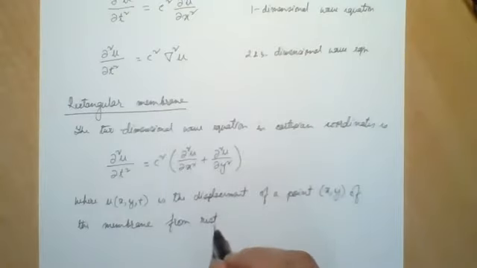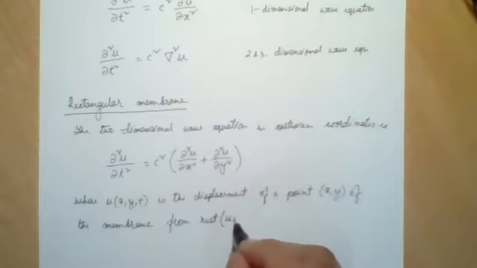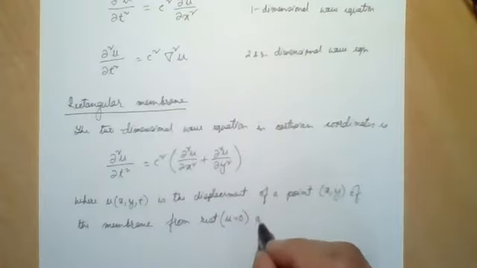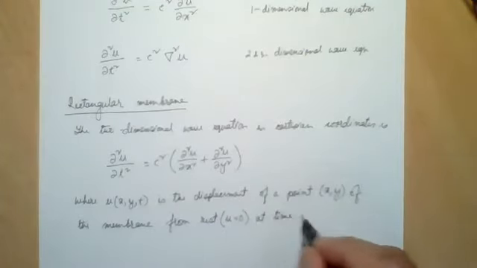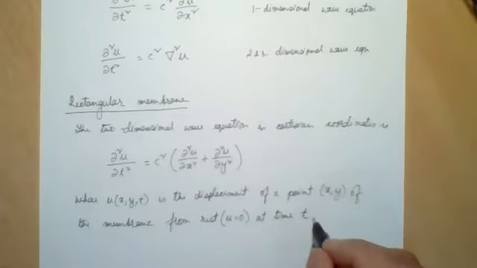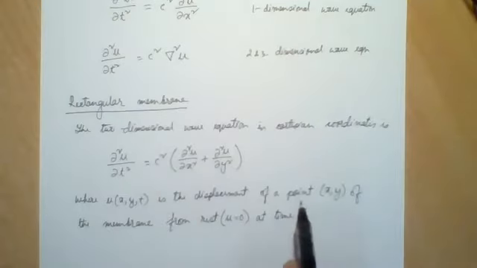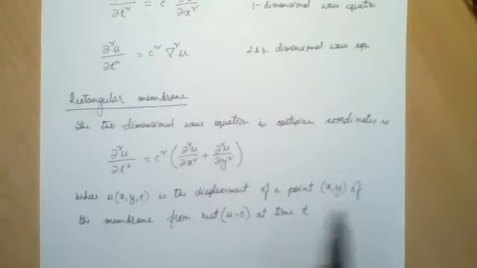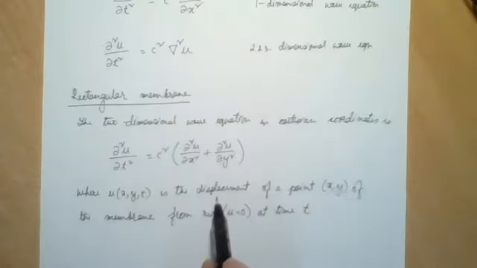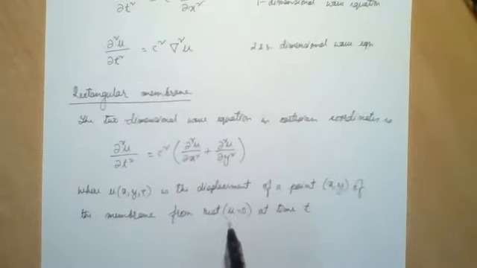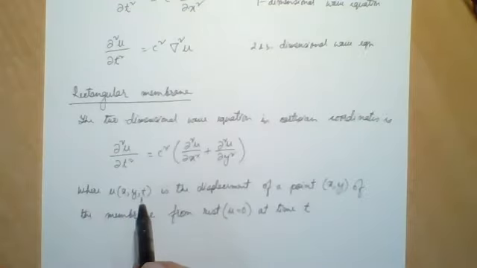And rest is given by u equal to 0. This displacement is measured from the mean position, which is the rest position given by u equal to 0, and u(x,y,t) is the displacement at any time t.